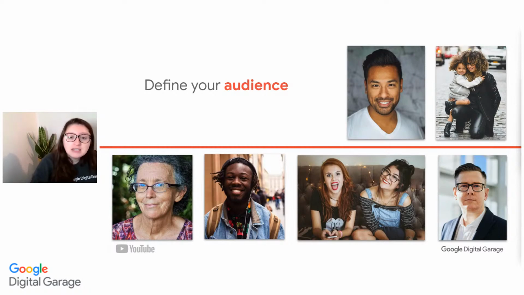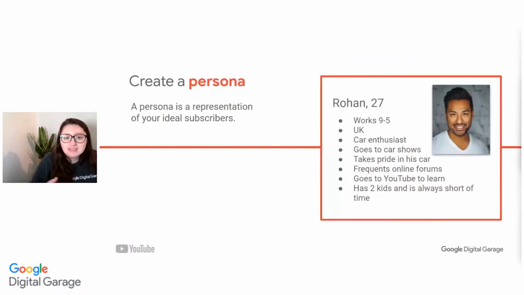So build up a really clear picture of exactly who your persona is. And a persona is a representation of your ideal subscriber. It's a representation. It doesn't have to be one specific person. It can include a couple of different things that you've noticed about the people that are potentially going to be connecting with your content.